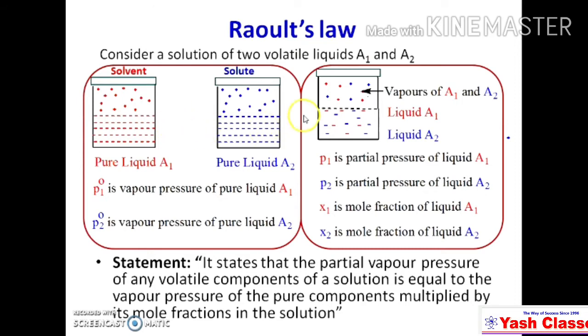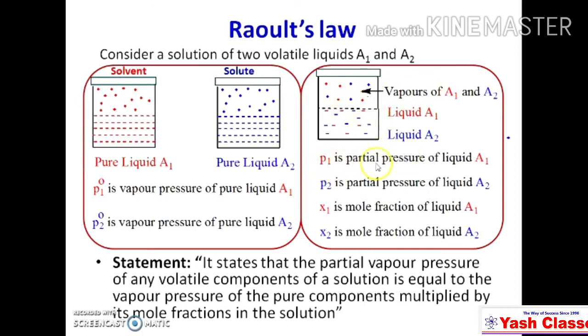Now suppose the solution of these two components is prepared, that is, A2 is added to A1. Again after some time there will be dynamic equilibrium, and in the vapor state there will be some A1 molecules and some A2 molecules. The pressure exerted by A1 molecules on the surface of the liquid is the partial pressure of A1.